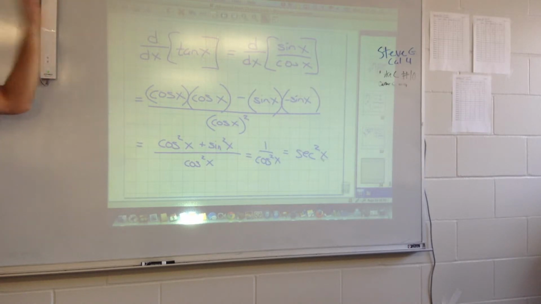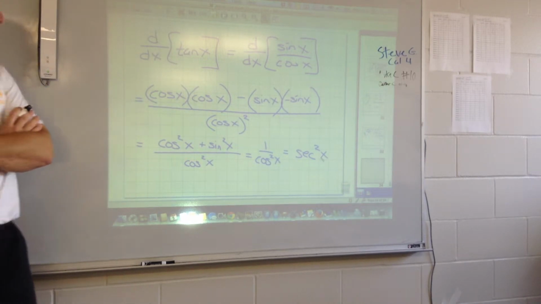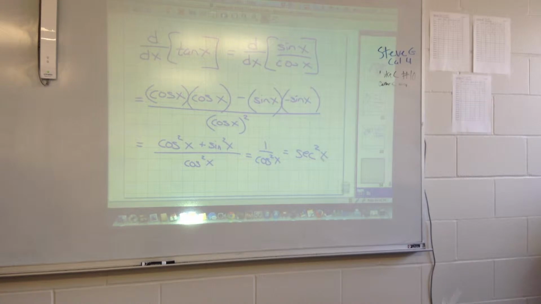This deriving, us figuring out what the derivative of tangent would equal, okay? You will be asked to either derive the tangent, derive the cotangent, derive the cosecant, or derive the secant. You'll be asked to derive one of those on the test, showing work. That means what you see right here.